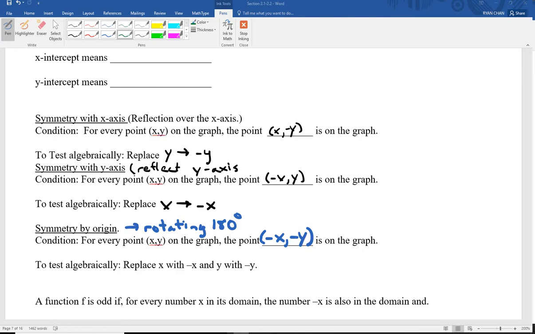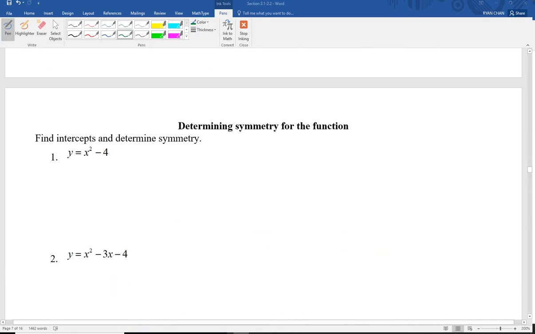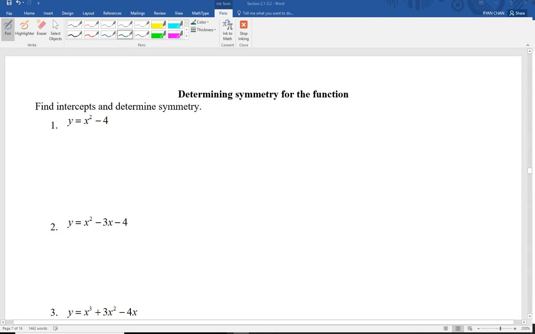So if I want to figure out whether a graph is symmetric, this is what we're going to do. We're just going to test all three. Okay, so let's take a look at this one right here. If I want to do symmetry in terms of my x-axis, I replace y with -y.